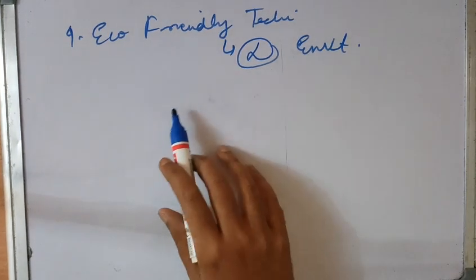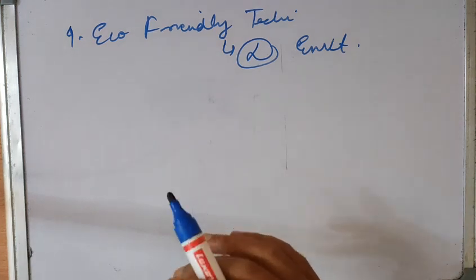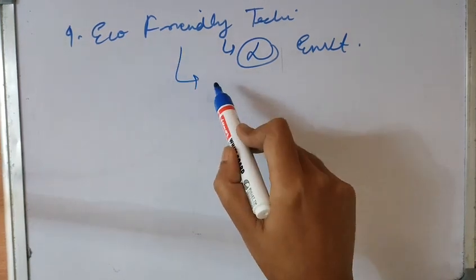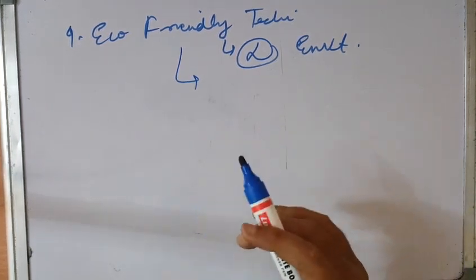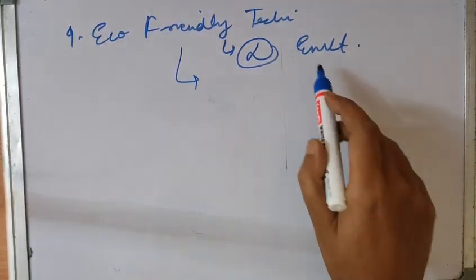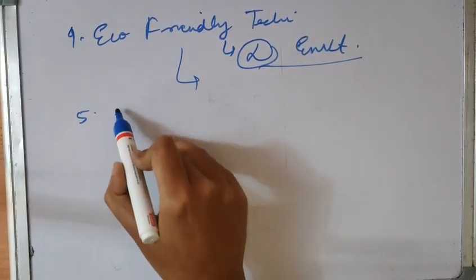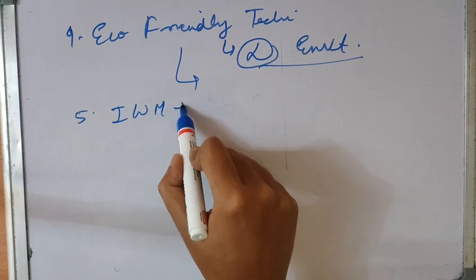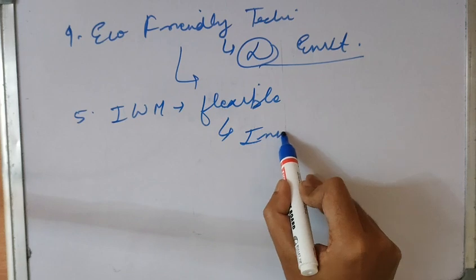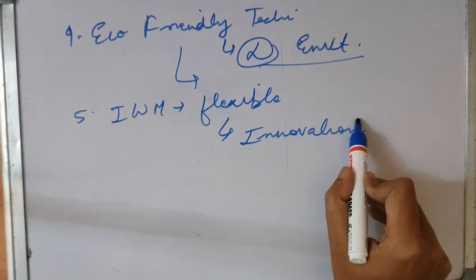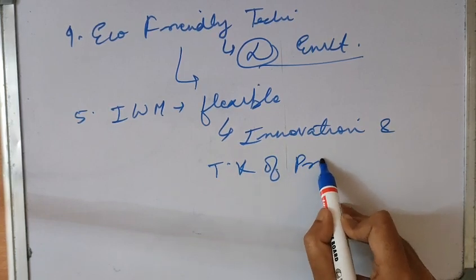We use chemicals in integrated weed management, but in such a precise manner as to avoid overuse. When precise, the efficiency of chemical absorption is more and the chemicals are not wasted. So eco-friendly measures to protect the environment. And the IWM practices should be flexible to accommodate innovations and traditional knowledge of progressive farmers.